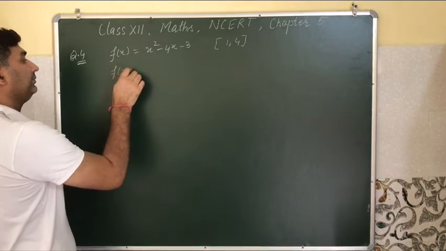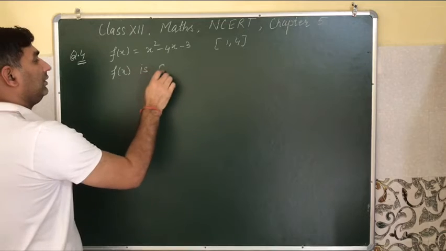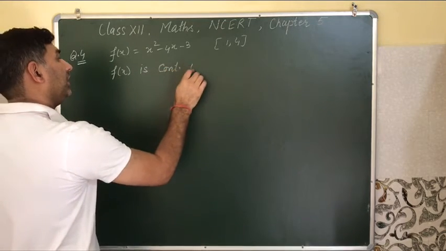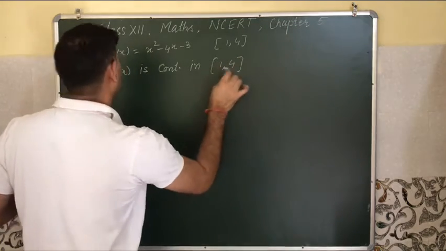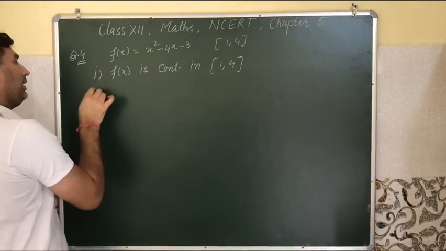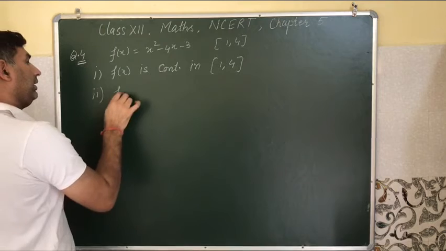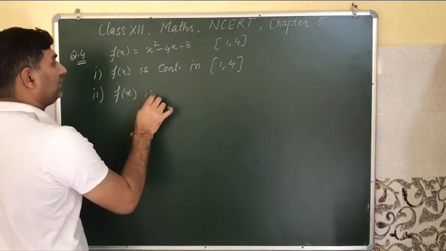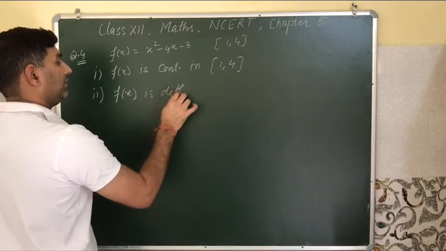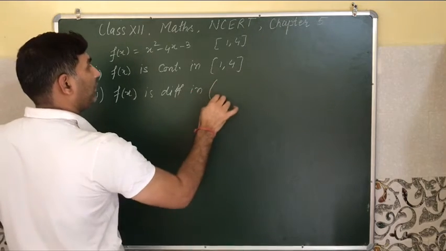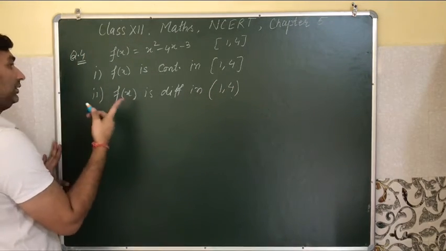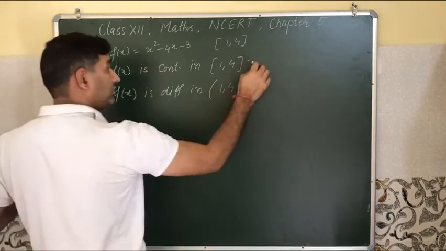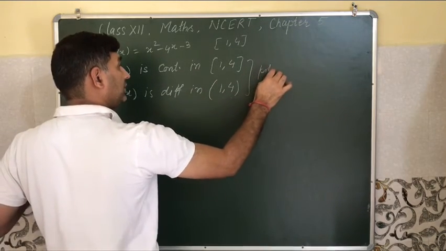fx is continuous in closed interval [a, b] and fx is differentiable in open interval (a, b). These both conditions are satisfied because the function is a polynomial function.